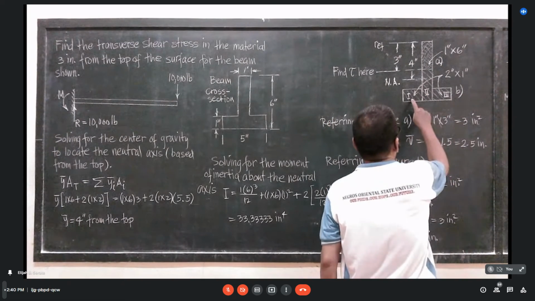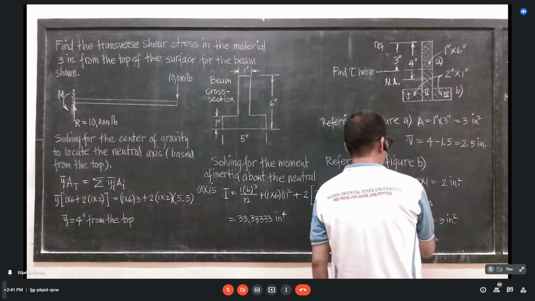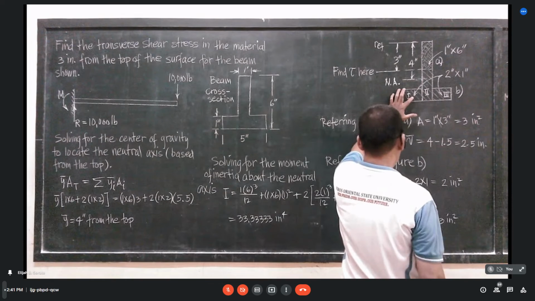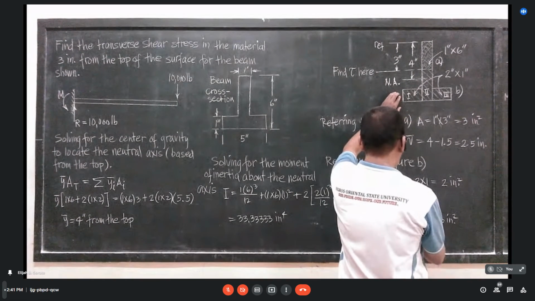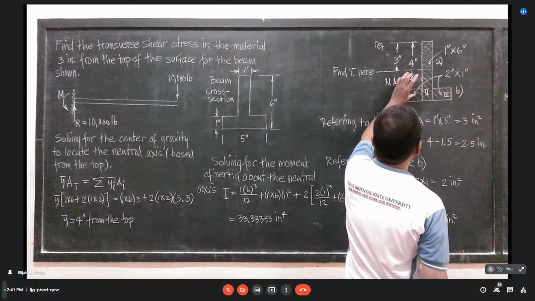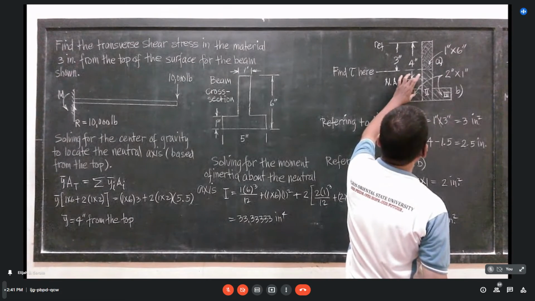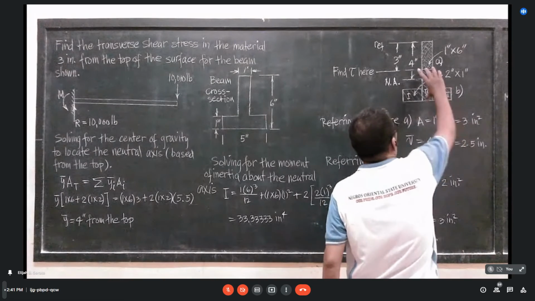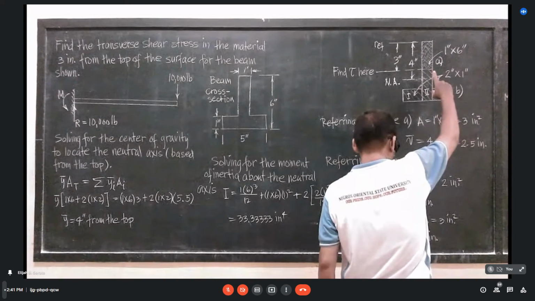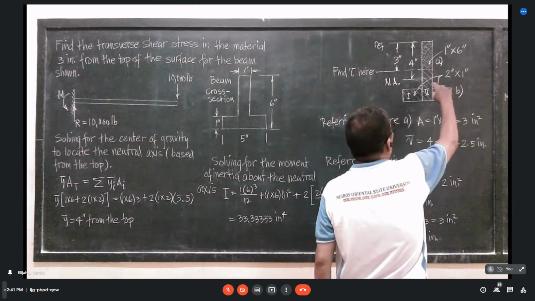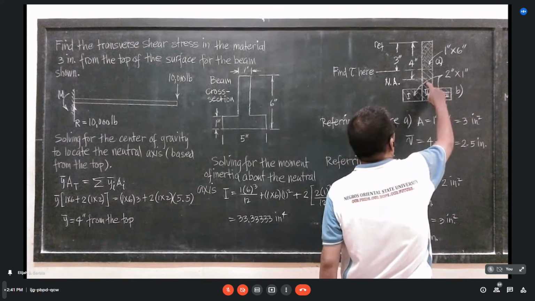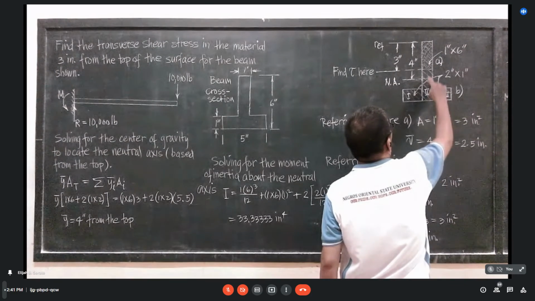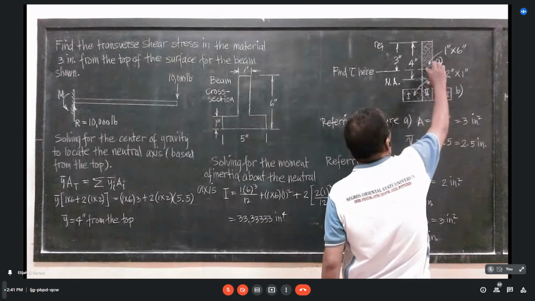For this one, it is okay. The distance from the centroid of this area to the neutral axis. The area is one-third, and its centroid is at 1.5 from here, and also 1.5 from here.